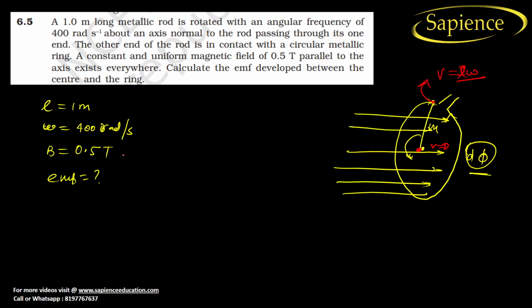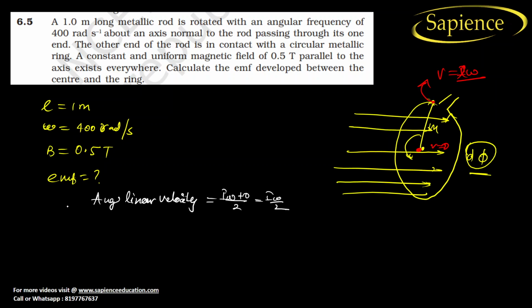We are considering length, so this will be length into omega. So what will the average velocity be? At one end there is zero velocity, and at the other end there is L omega velocity. So the average linear velocity is equal to L omega plus 0 divided by 2, so this will be L omega by 2.